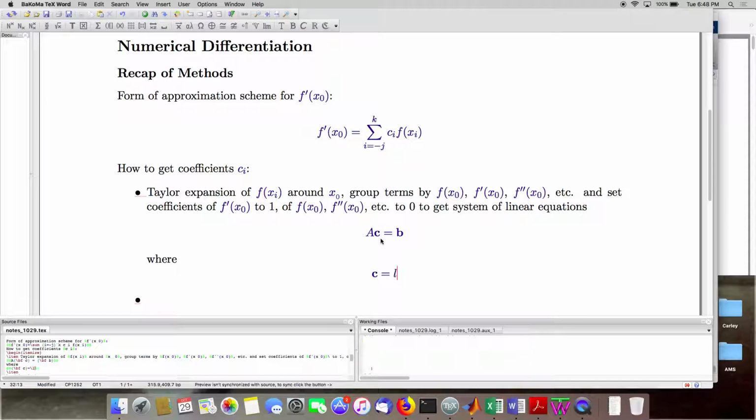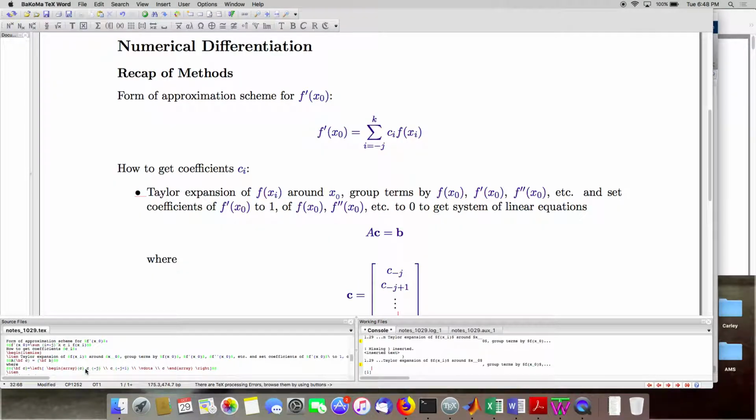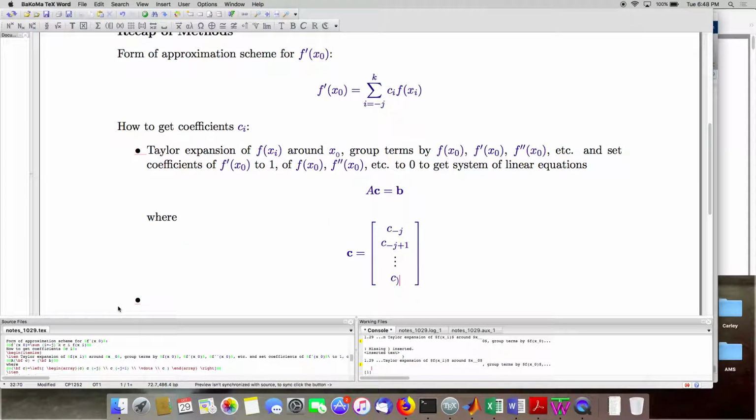C is equal to a vector containing all the coefficients. So that would be starting from c minus j, c minus j plus 1, etc., all the way down to c_k. So from the smallest index to the largest. So those are all the unknowns in our system.